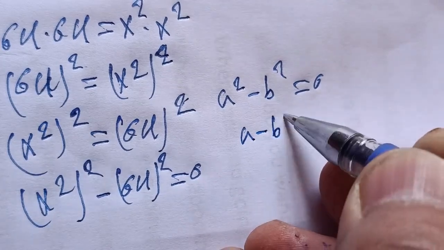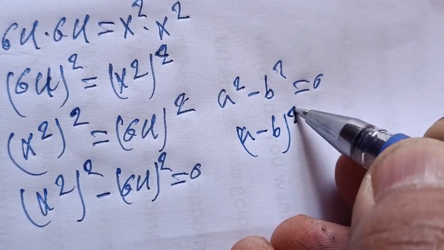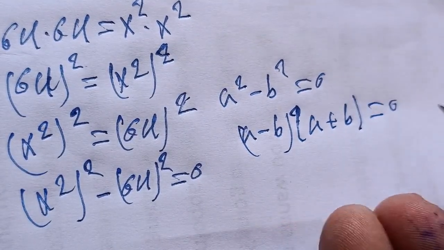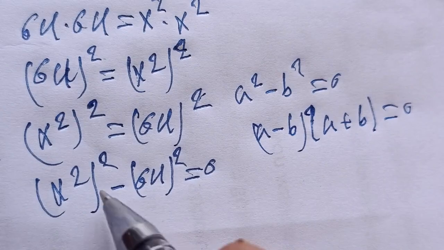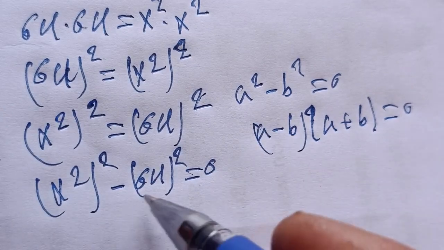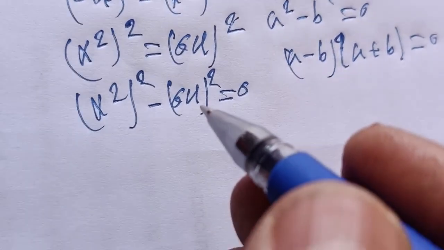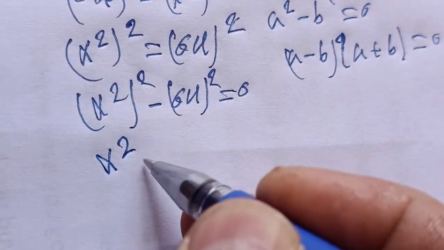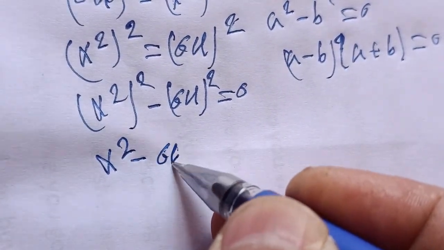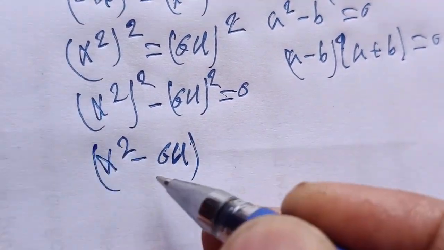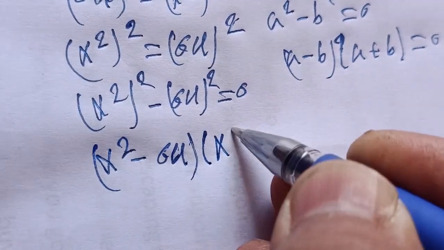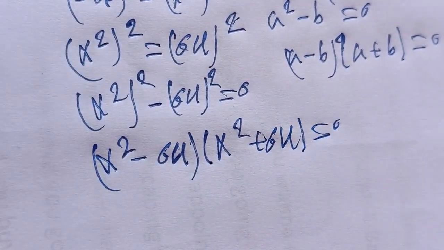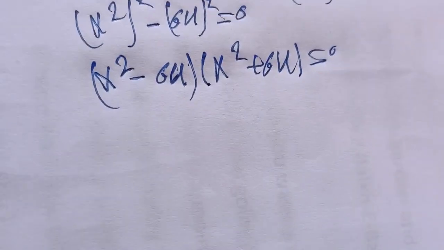a minus b in one bracket, a plus b in another bracket, equals 0. Here x squared is a and 64 is b. So x squared minus 64 in one bracket and x squared plus 64 in another bracket equals 0.